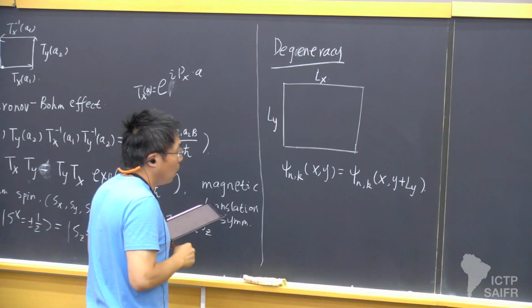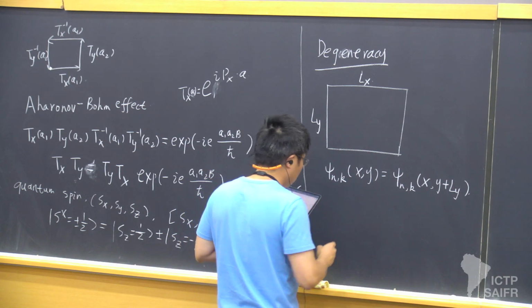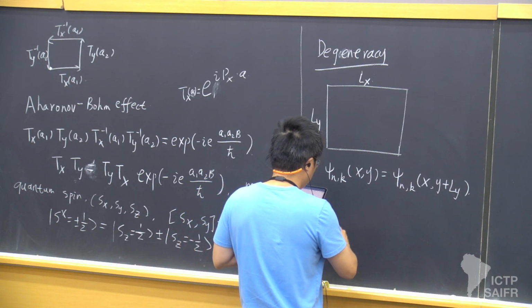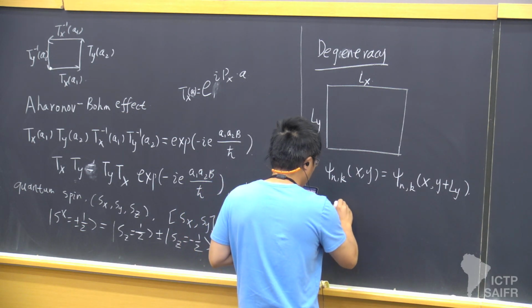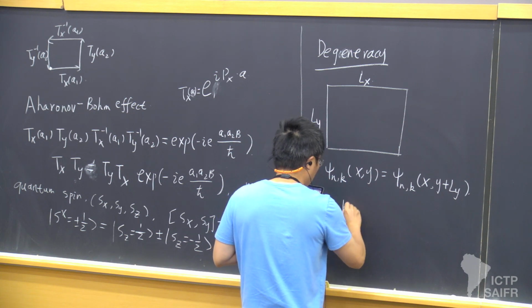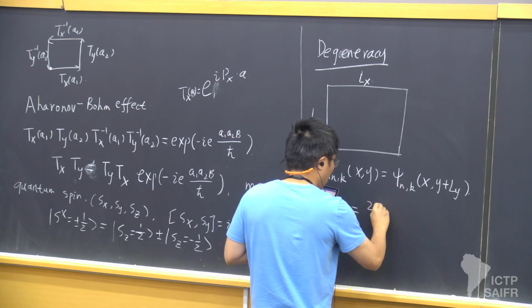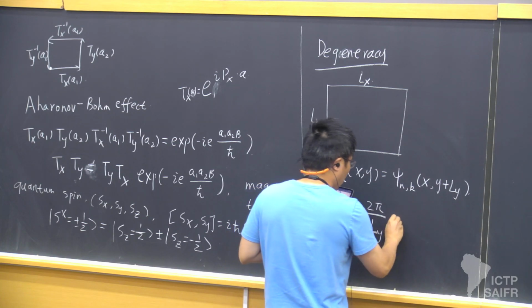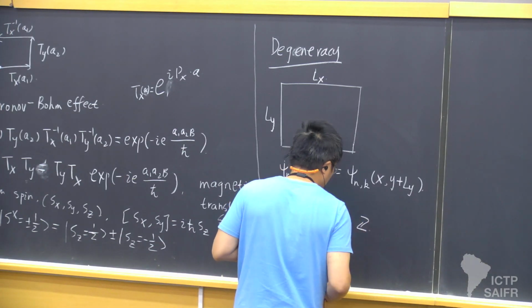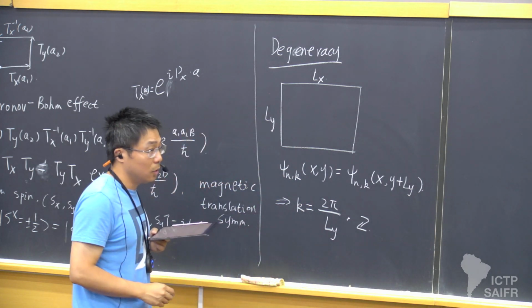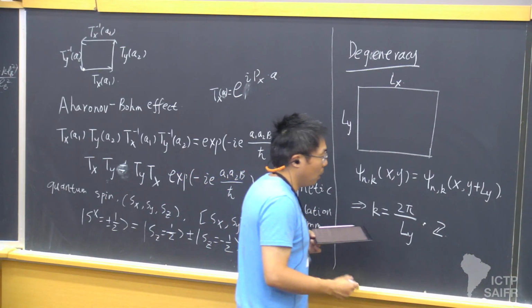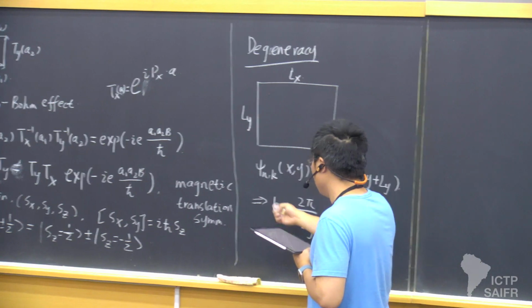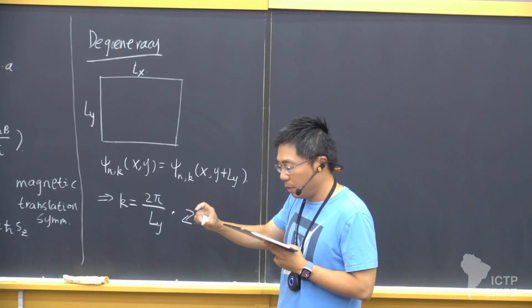And then, looking at the wave functions, you will learn that my momentum will be quantized, 2 pi over Ly times an integer. So the momentum takes discrete values.